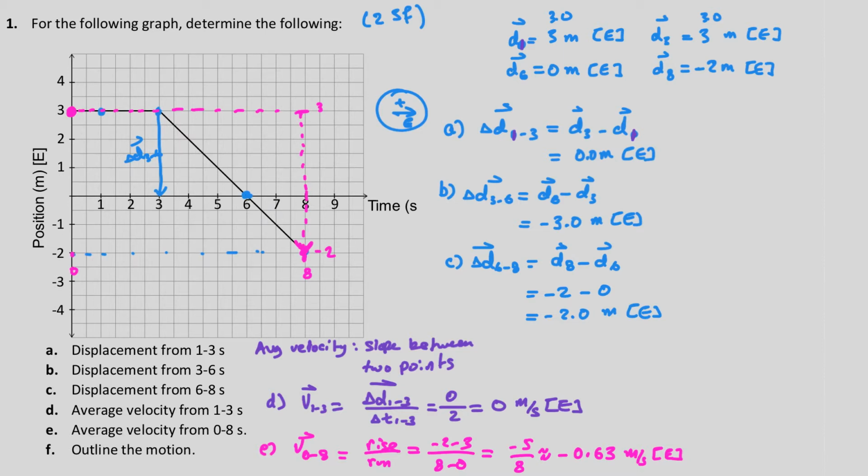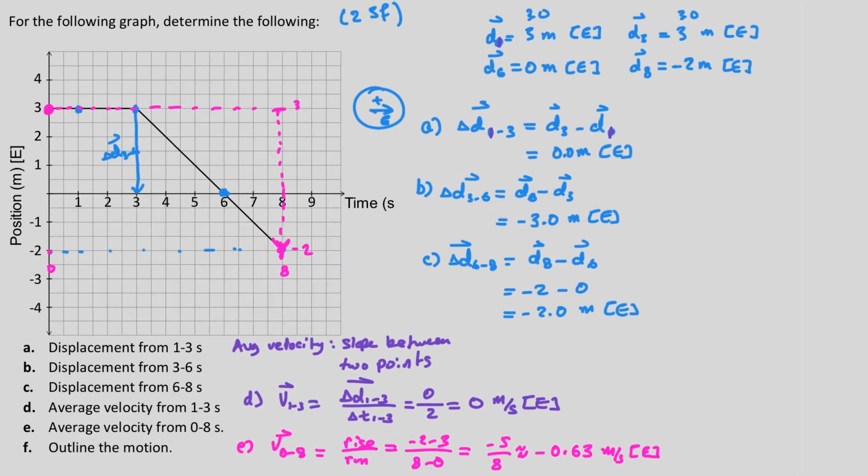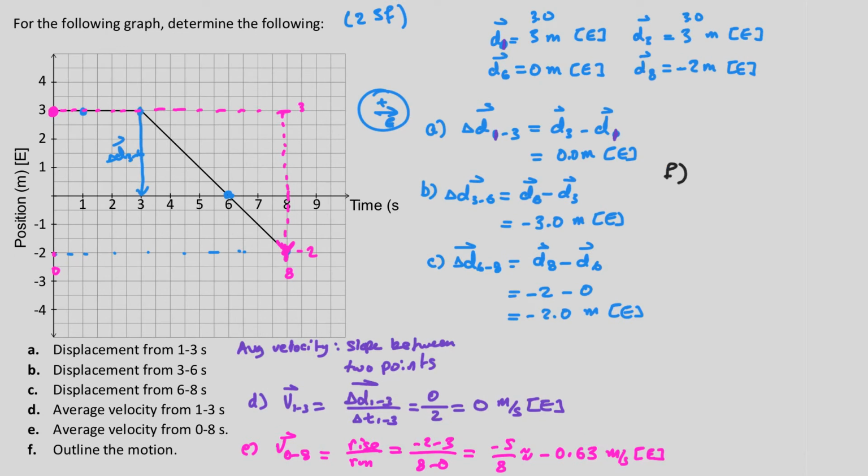Outline the motion, or describe it in this case. We're giving a little bit of detail about it, so let's do part F here. Okay, what do we know about the motion? First of all, in the very beginning, we know that the object is at position 3. As time passes, the object isn't really doing anything.